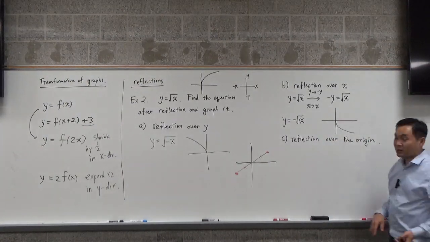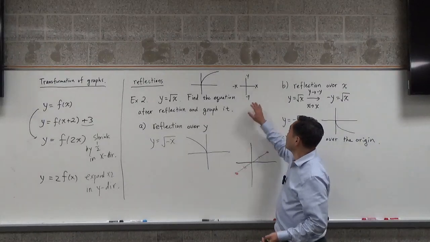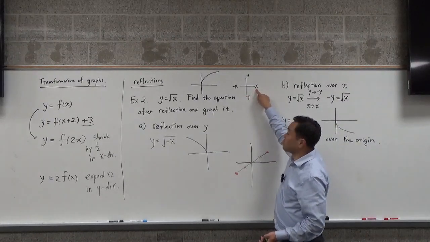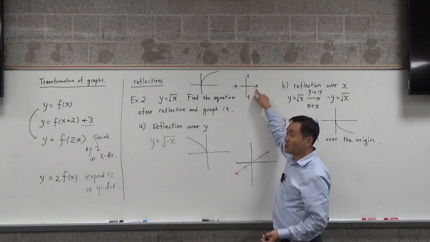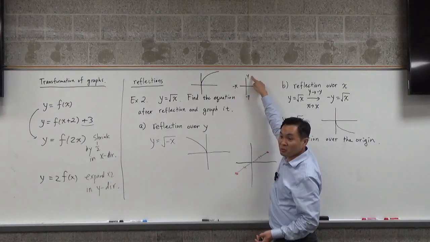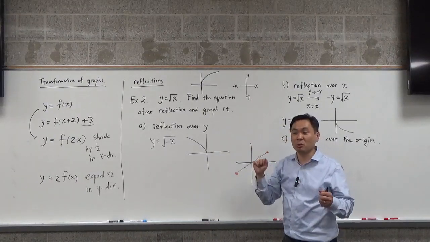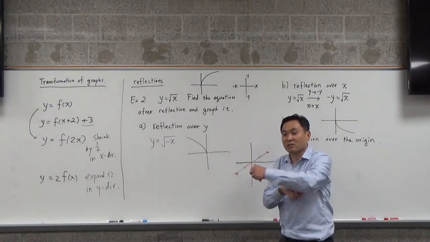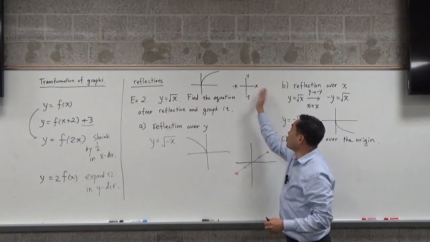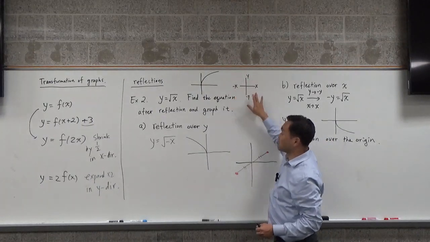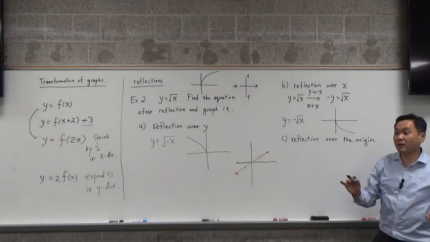And if that's what it is, where would x go if you reflect over the origin? Negative x. Where would y go if you reflect over the origin? Negative y. So because you're doing both, reflection over the y-axis and also the x-axis, they both change. X becomes negative x and y becomes negative y. Is that okay? Does that make sense?